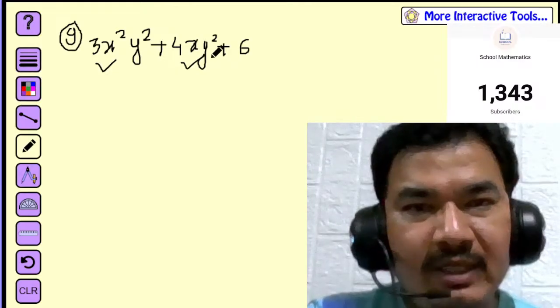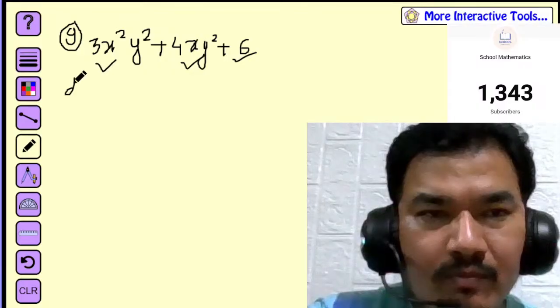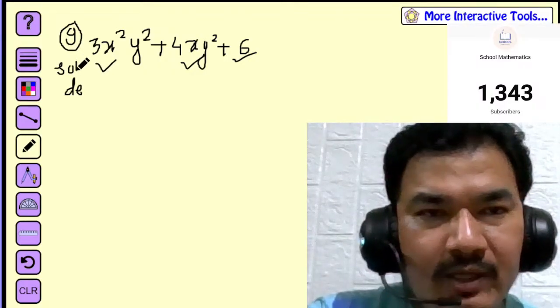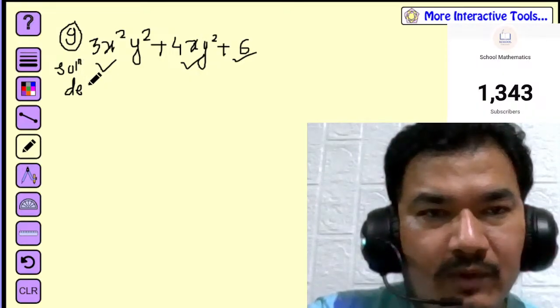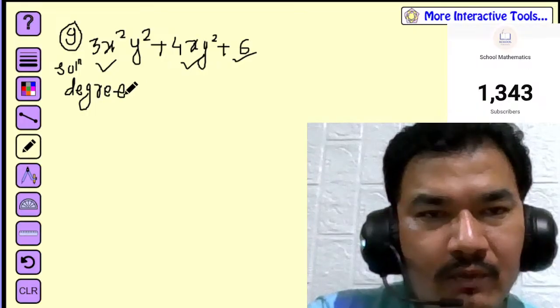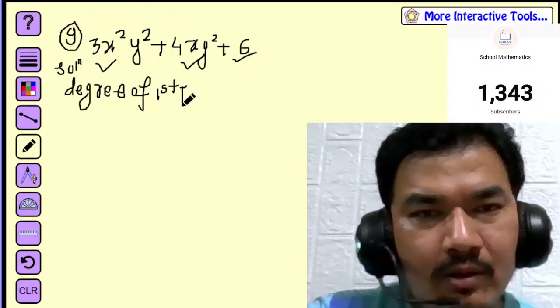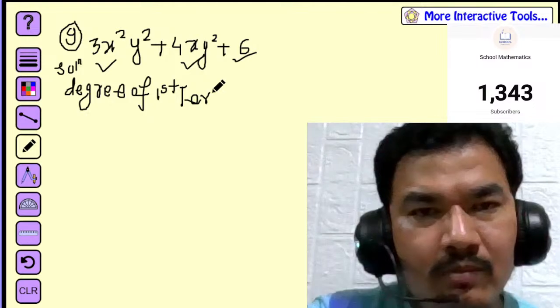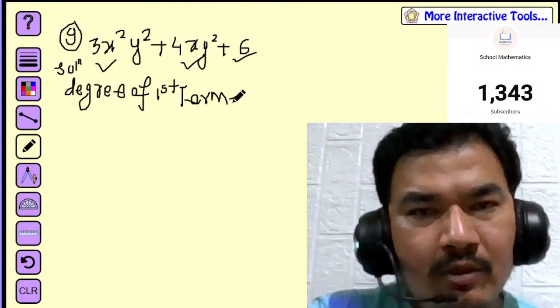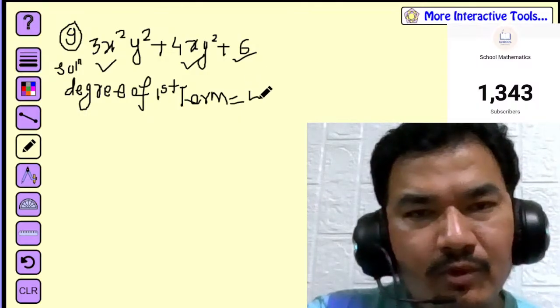If it is asked to find the degree, first of all we have to write the degree of the first term. Degree of first term equals, look, there are two variables, so we have to add their powers. It will be 4.